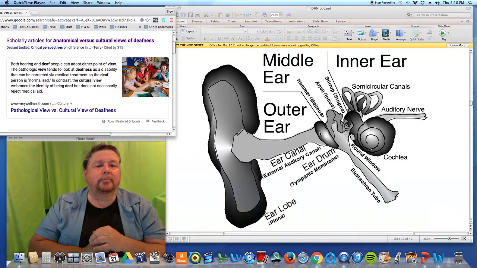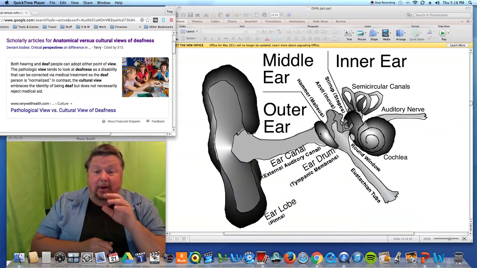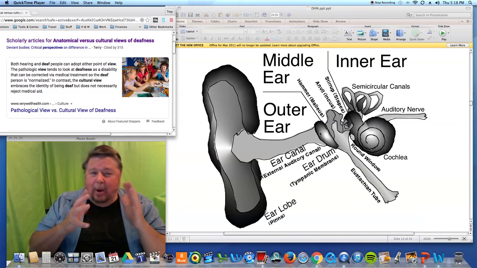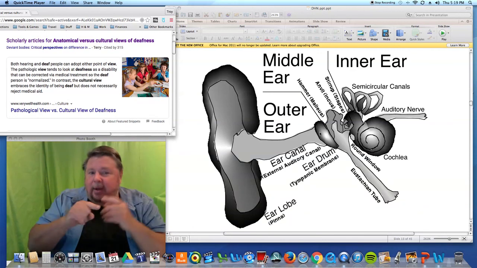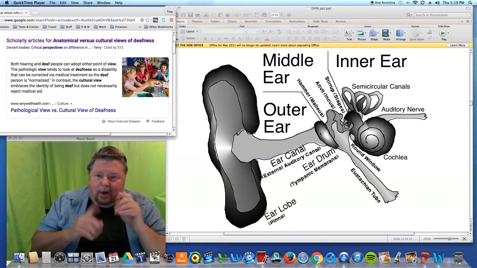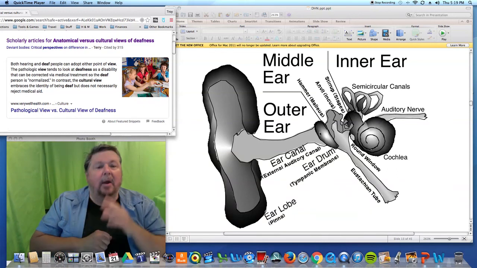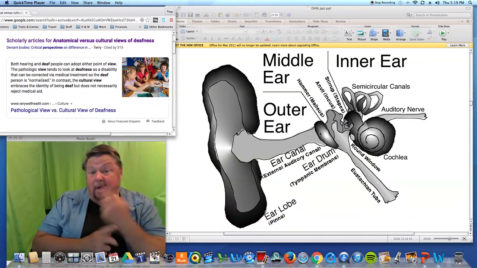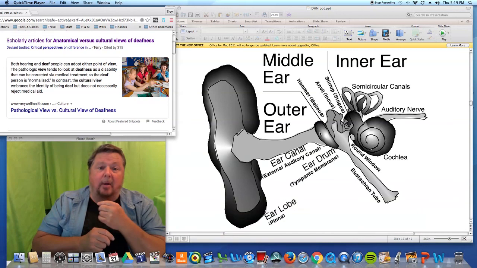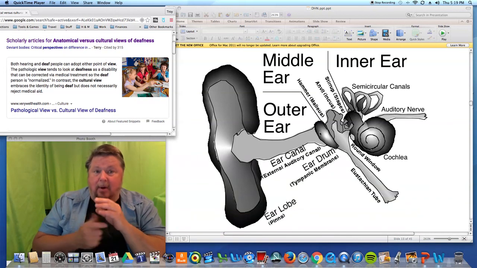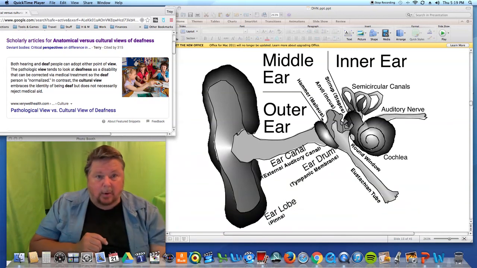Next, we have the middle ear, which is partly visible through the tympanic membrane with bright lights, but not really very visible. And that is really three bones. You have the hammer, the malleus.